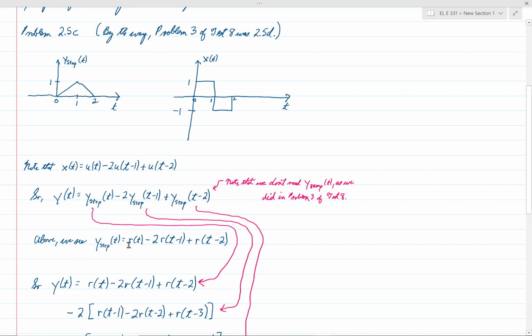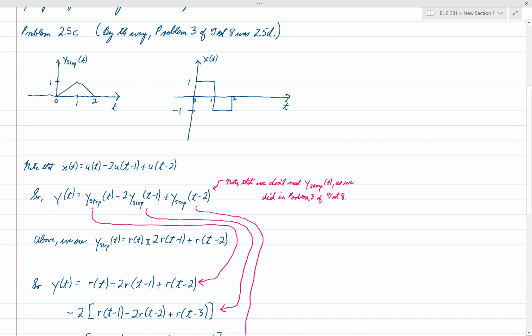So y step of t: we've already said it, but let me explain in a little more detail. We're going to need y step of t to find this output. Y step of t is given graphically right here, but let's express it in terms of singularity functions. Well, the first thing you see, as you go from left to right, is this positive slope of 1.